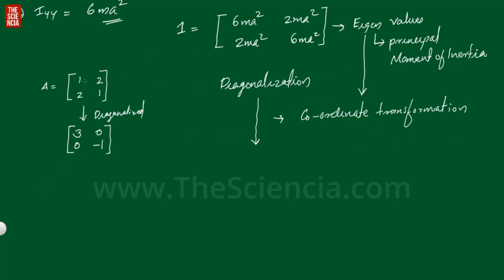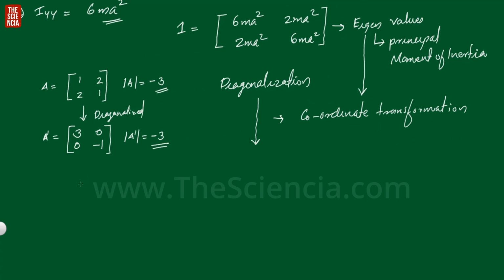So if you take the determinant of this matrix, what is its value? 1 into 1 minus 2 into 2. So we get minus 3. And if you take the determinant of this one, what do you get? 3 into minus 1, that is minus 3. So the magnitude is constant.